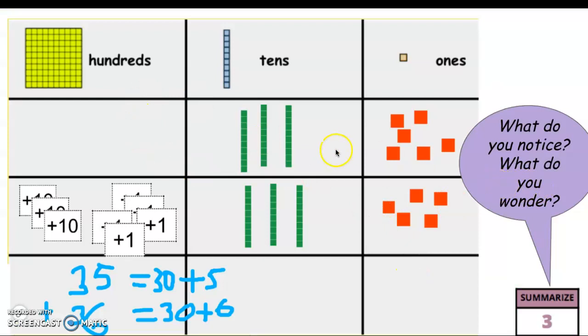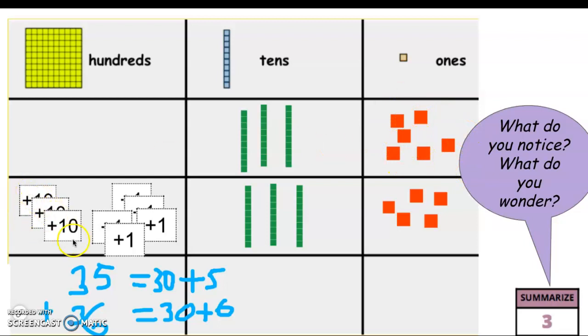If you spun a 36, then I would drag 3 rods, because that's 30, and then I would drag 6 1-unit blocks under the ones, that's 6.